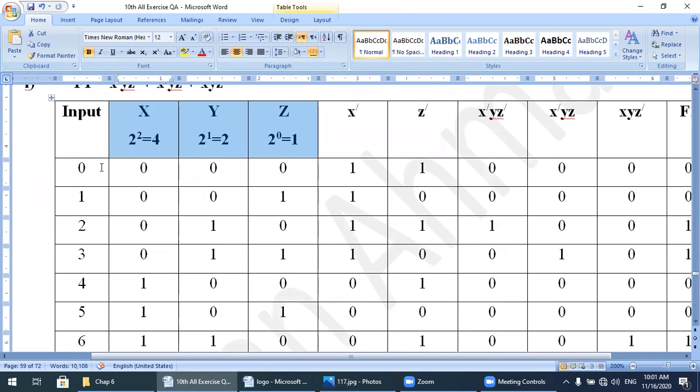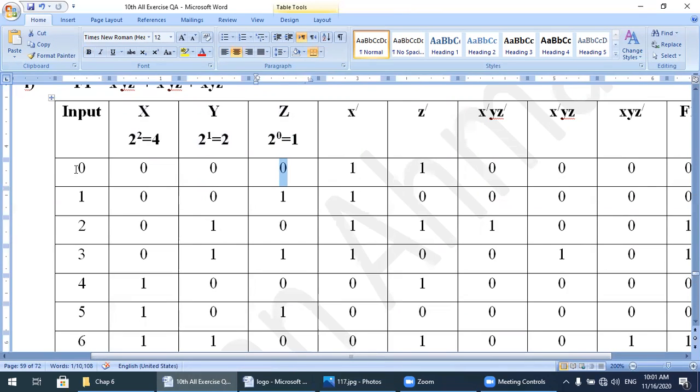Now when the input becomes 0, the input must be equal to the weight. Input should be equal to the weight. When the input is 0, it represents 0, 0, 0, because if I take the 1 over there, the weight will not be equal to the input.